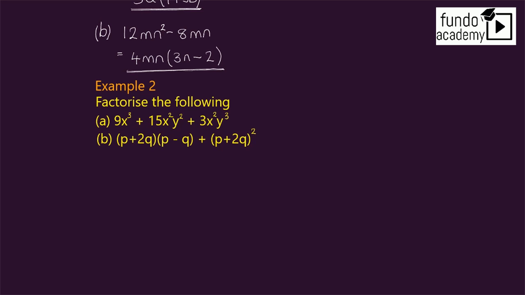And part B we have p plus 2q bracket p minus q plus p plus 2q bracket squared. So that's what we have for example 2. Right, so I know you want to try this one out, so I'm going to give you just 3 minutes to factorize part A and also part B. So you may pause the video starting from now.